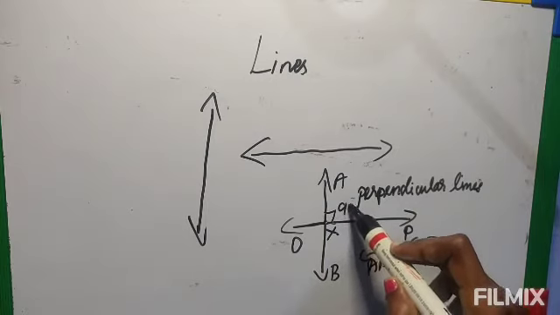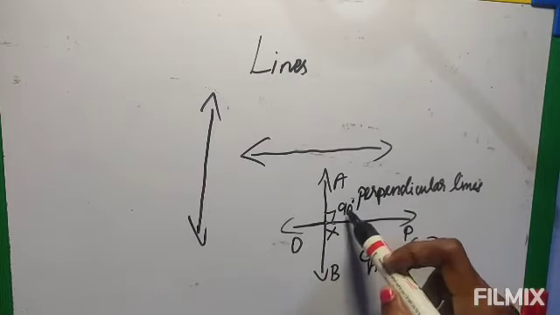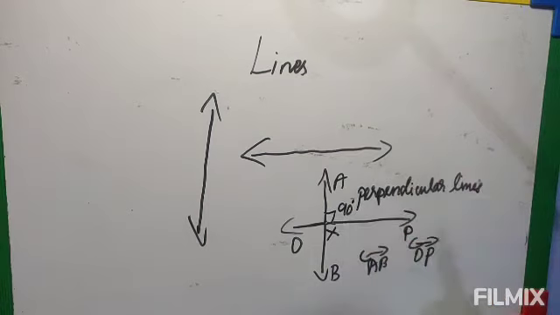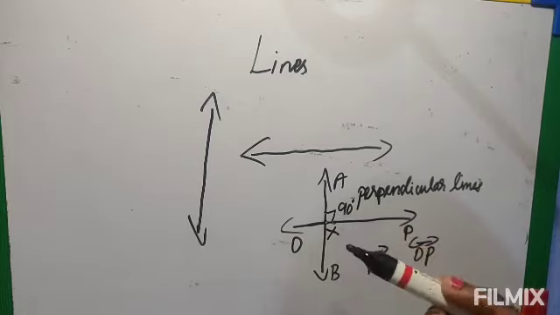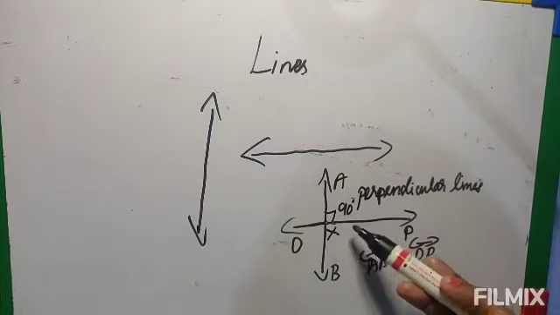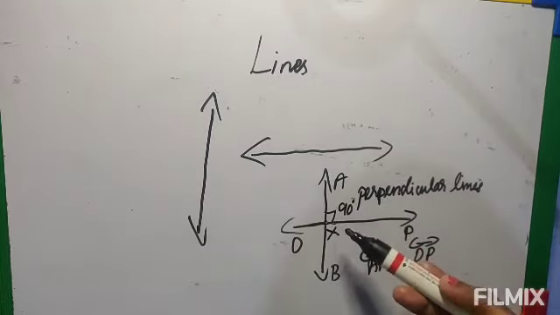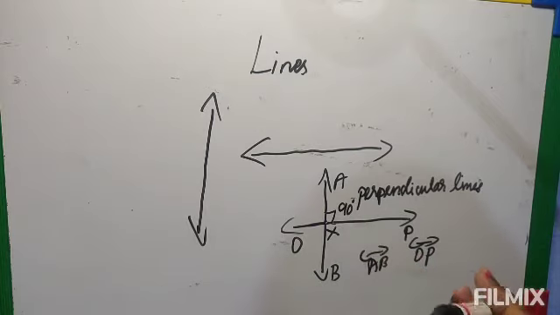If you measure with your protractor, then you will know this is 90 degrees. If two lines meet each other at 90 degrees, they are called perpendicular lines. If they meet each other at less than 90 degrees or more than 90 degrees, they are called intersecting lines.